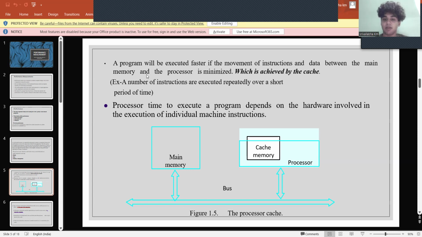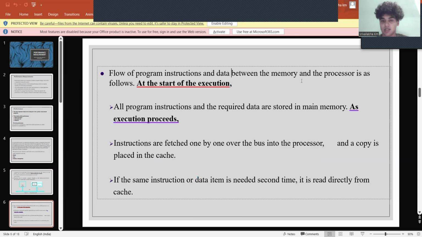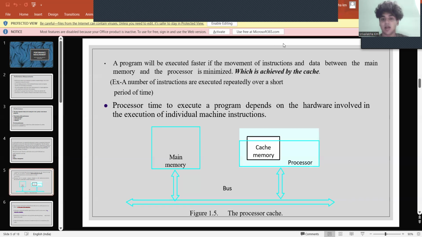In a computer, a program will be executed faster than usual if this movement is minimized, which is achieved by the cache. Once again, the working of the cache is that it minimizes the data movement between the main memory and the processor, so a program can execute faster than usual.